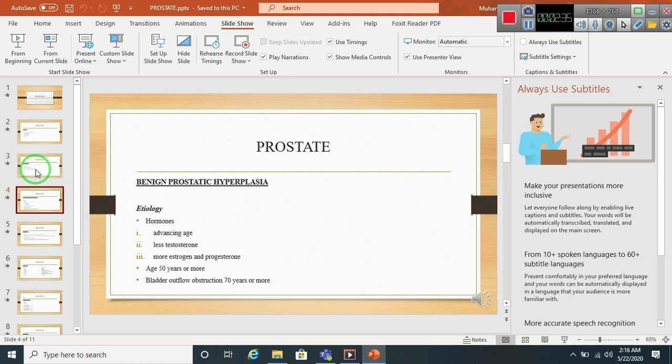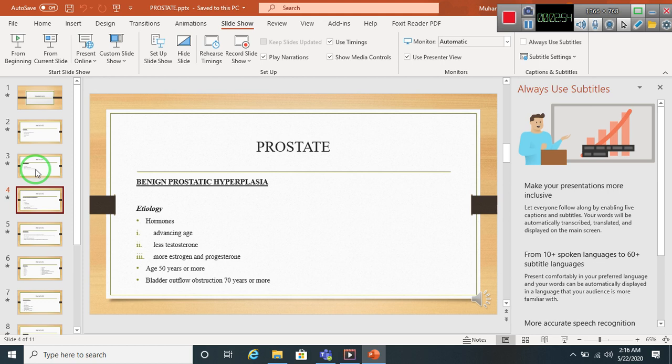This disturbed ratio of male to female hormones, that is the testosterone and the estrogen, makes the prostatic gland hypertrophy, and hyperplasia occurs in the cells.